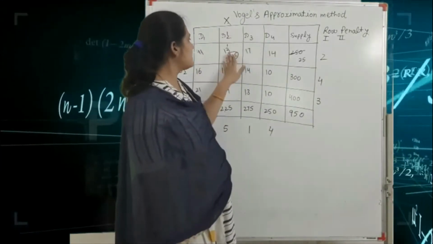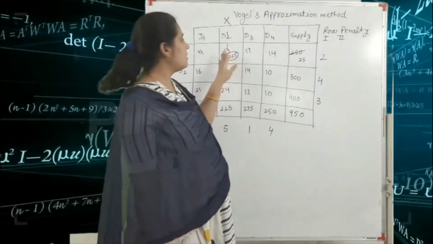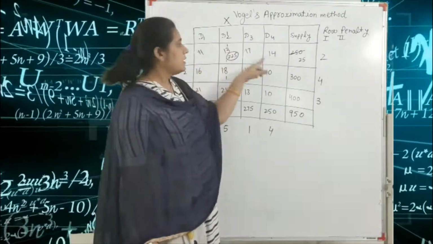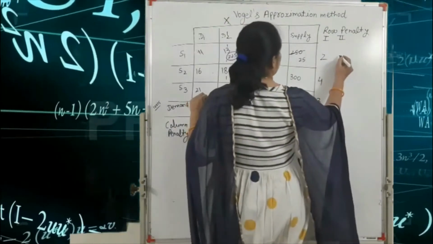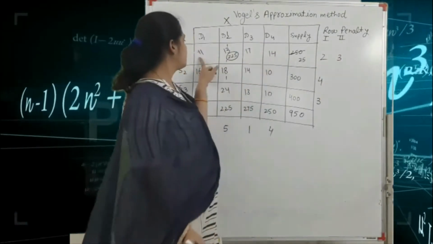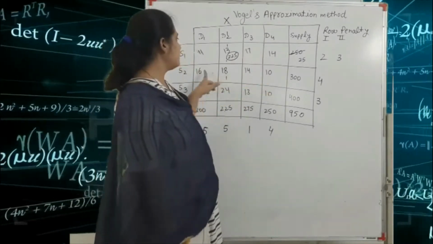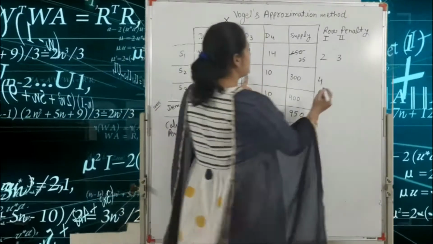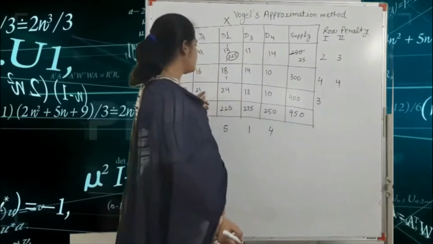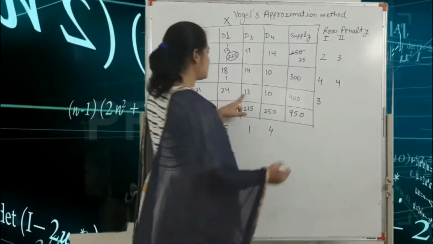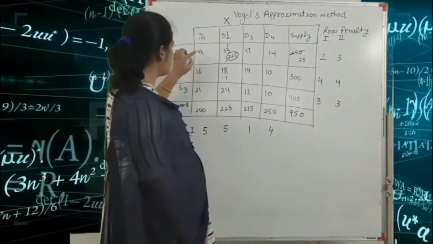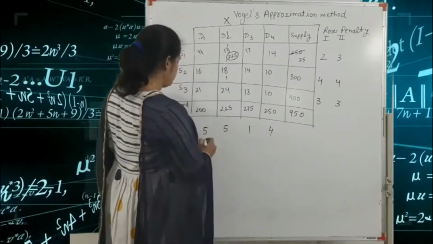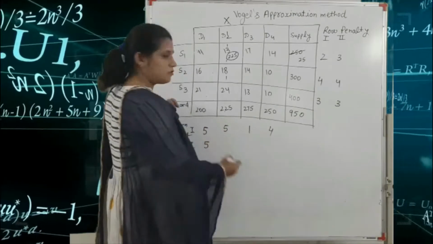This column is cancelled, so we ignore this D2 column. The lowest value is 11 and the second lowest value is 14, so 14 minus 11 is 3. Got it? The lowest value is 10 and the second lowest is 14, that means 4. The lowest value is 10 and the second lowest is 13, that means 3. Next, the lowest value is 11 and the second lowest is 16, so 5.